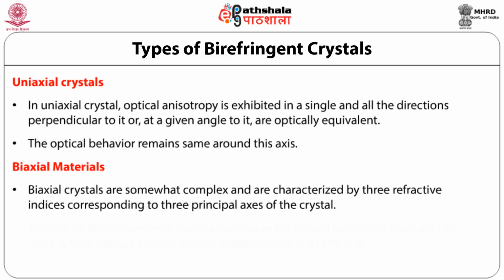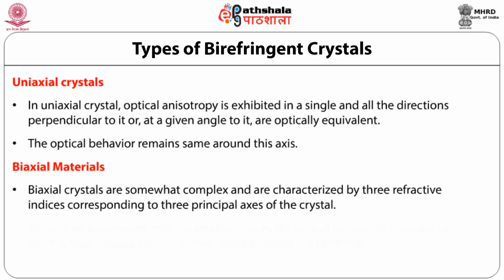Being extraordinary waves, the direction of power flow is not identical to the direction of the wave vector in either case. The two refractive indices can be determined using the index ellipsoid for given directions of the polarization.